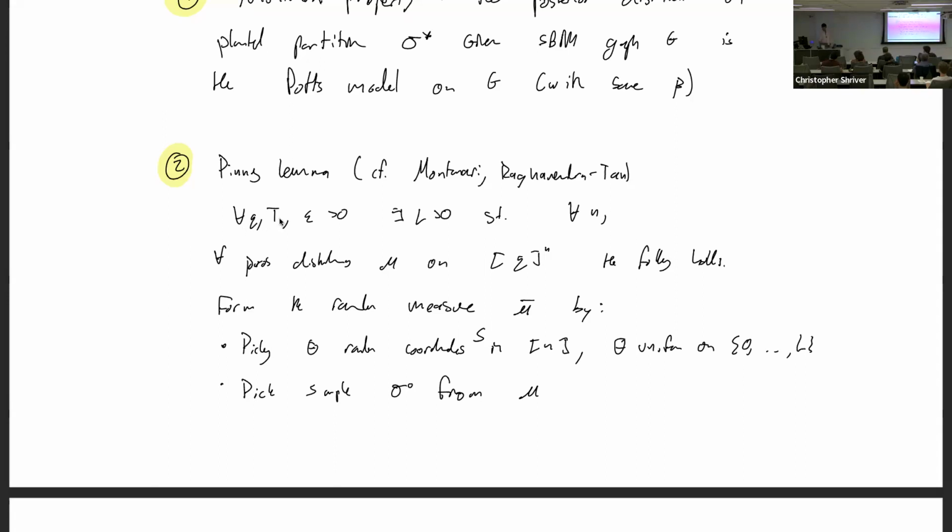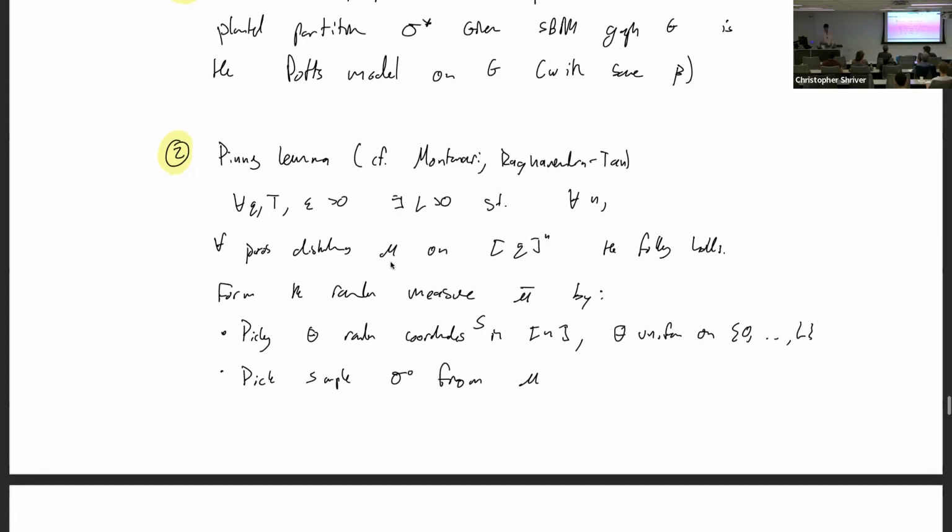You can choose some large t, you can choose some small epsilon, and there's some L that exists that is just a function of q, t, and epsilon, so that the following holds for every n and for every probability distribution on [q]^n. Okay, so this is just a fact about any probability distribution. It doesn't have to be a Gibbs measure, Potts model, or anything, but the following holds. I'm going to construct a random measure in a certain way, and then it's going to have a really nice property.